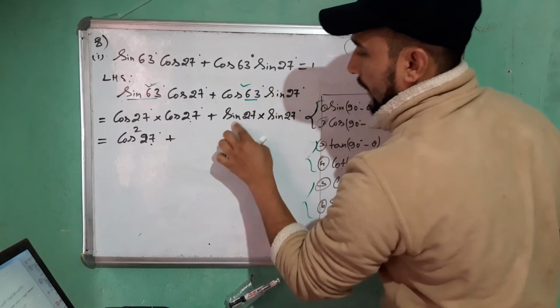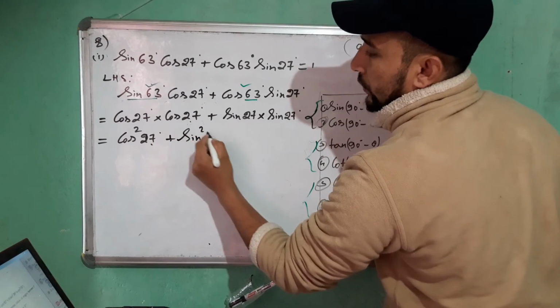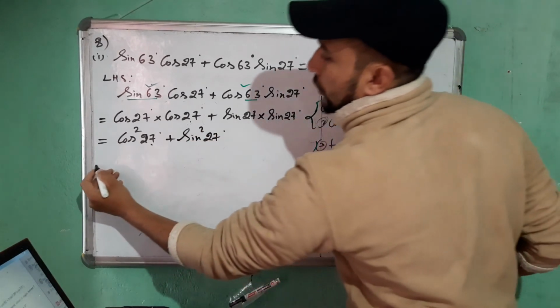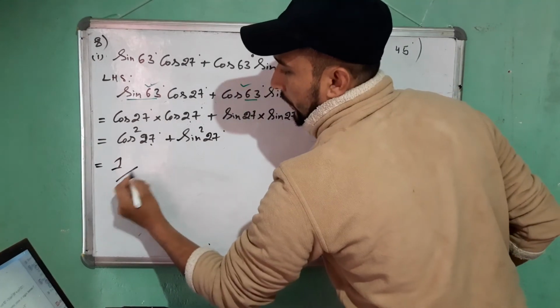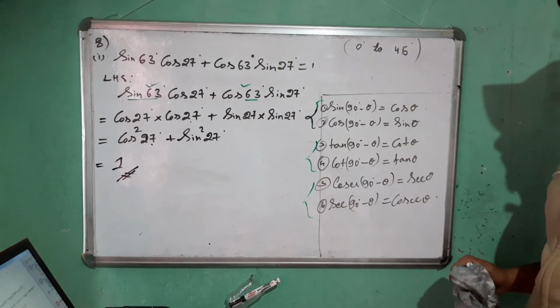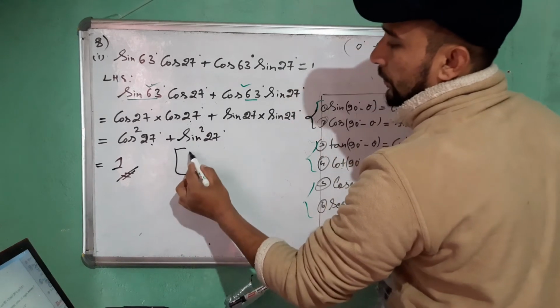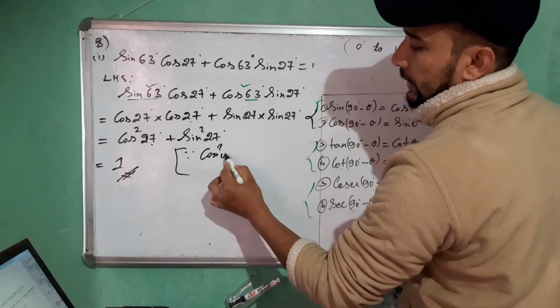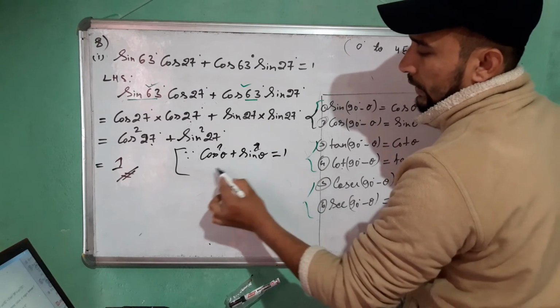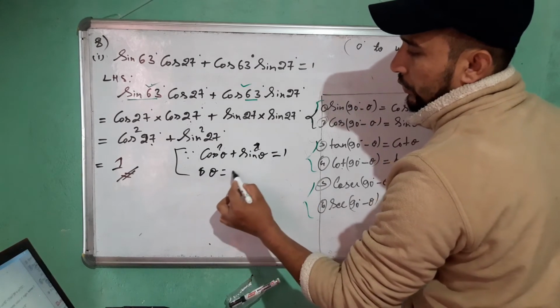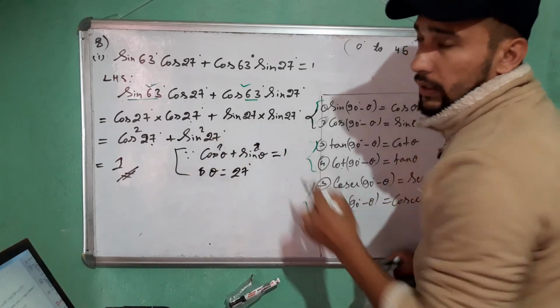Plus, yes, sine into sine is sine square 27 degree. So cos square theta plus sine square theta is 1 because of the formula square relation, okay? Write it, because cos square theta plus sin square theta is equals to 1, and theta is equals to 27 degree in our case, okay?